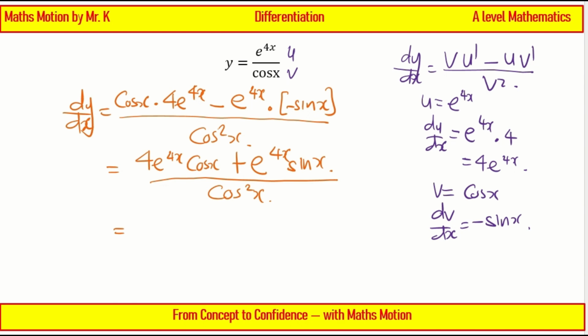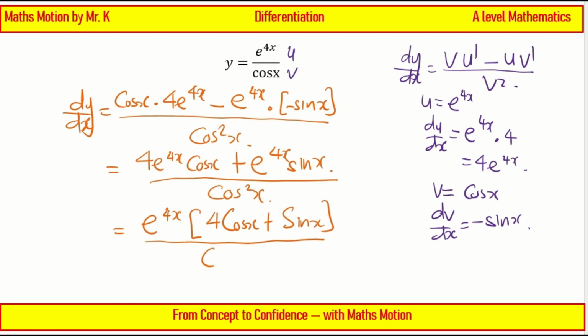And if you look here, that's e to the power 4x and that's e to the power 4x. I can factorize that. You don't have to, but I like to keep it in a factorized form. So e to the power 4x times (4 cos x plus sine x), over cos squared x, and that's your final answer.